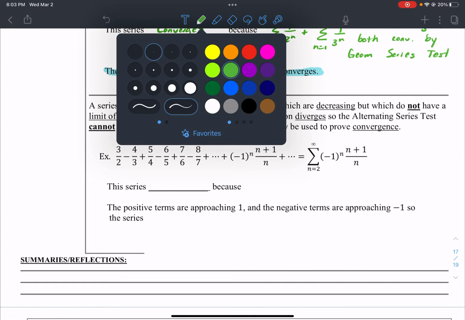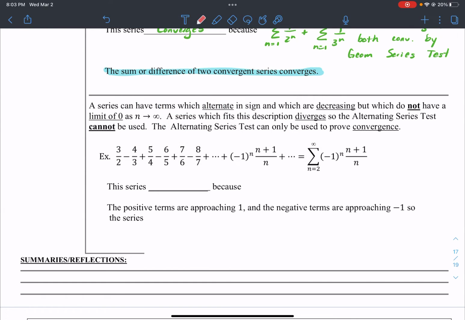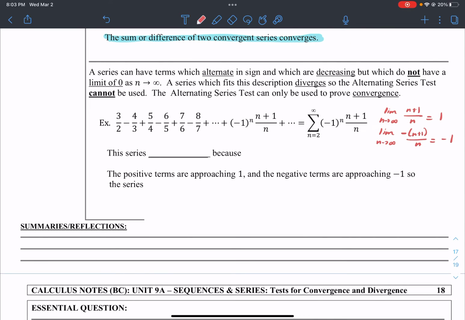And if you did the analysis of it, you would be able to see that. So we would say that the limit as n approaches infinity of (n plus 1) over n is going to be 1, right? And then the limit as n approaches infinity of negative (n plus 1) over n is going to be negative 1. So we've seen one similar to that in some of our other notes, but we can say that this series diverges. It doesn't diverge by the alternating series test, though.